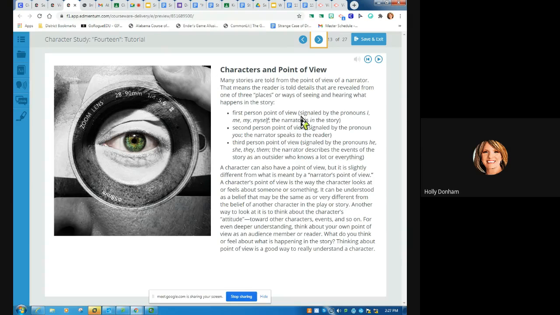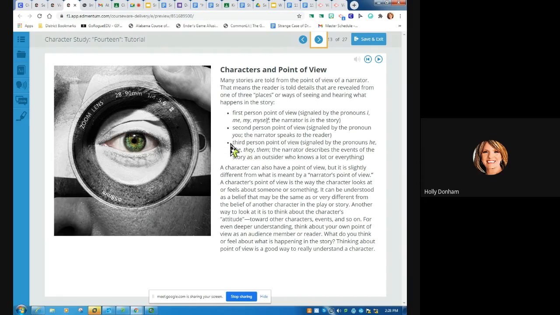Characters and point of view. Remember, first person point of view is when, in reading the play, you're going to see I, me, my, myself. That means the narrator is inside the story. Second person point of view is signaled by the use of the pronoun you, and that's when the narrator is speaking to the reader.